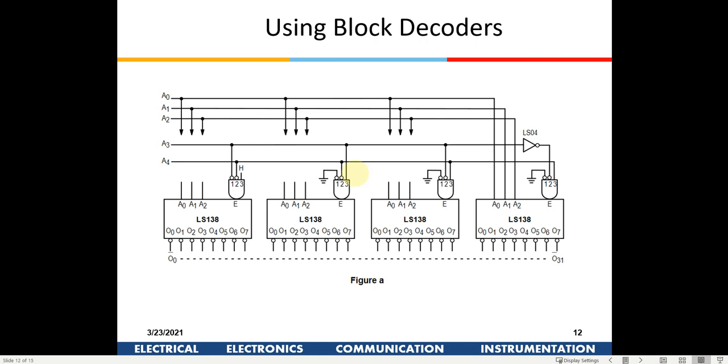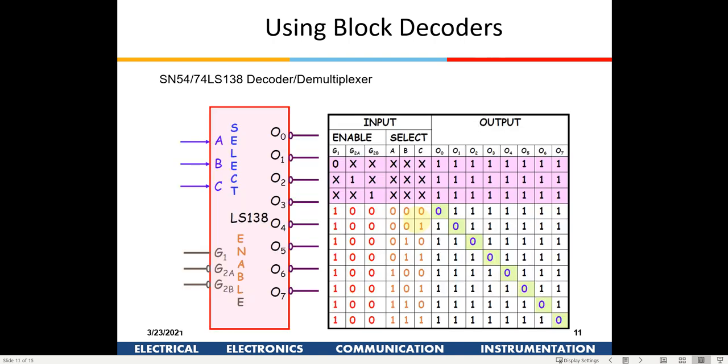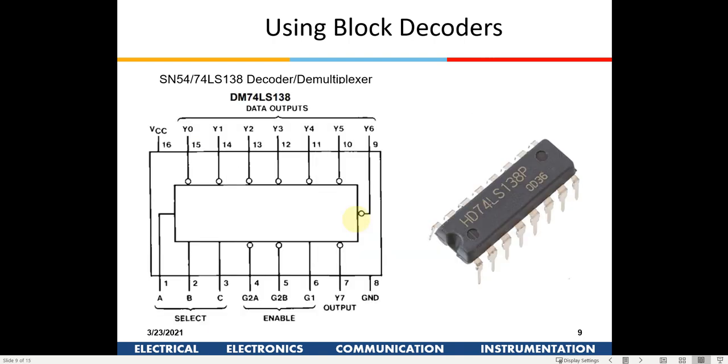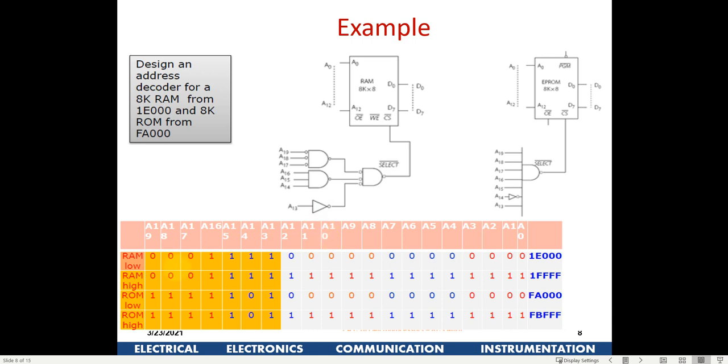There could be different applications. Not necessarily do we always require a 3x8 decoder. There will be occasions where you will require a 5 into 32; we'll see in memory location also we might use it. For example, let's go to our previous example here.